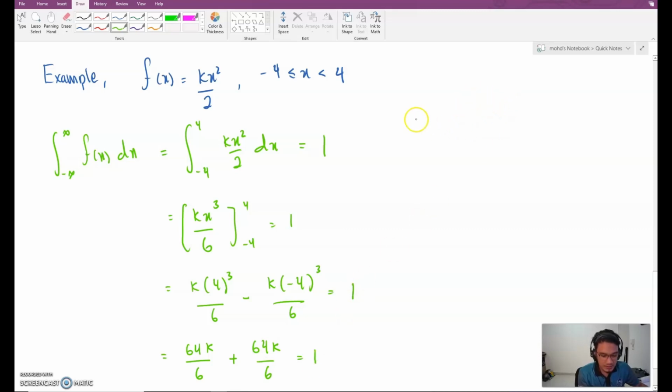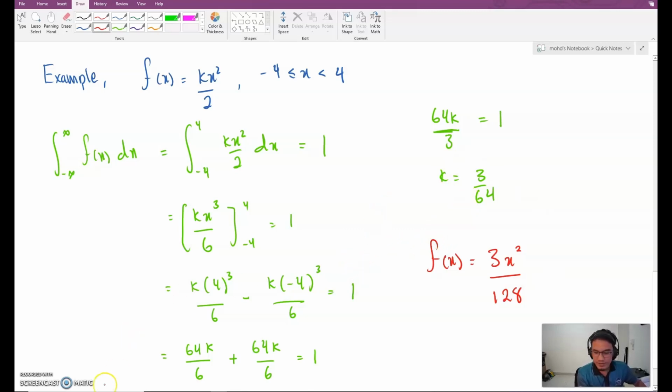Then we have 64k over 3 equal to 1, and k is equal to 3 over 64. So we conclude that the function f(x) is equal to 3x squared over 128 after substituting the value of k back into the function.